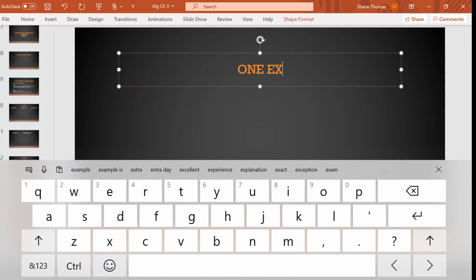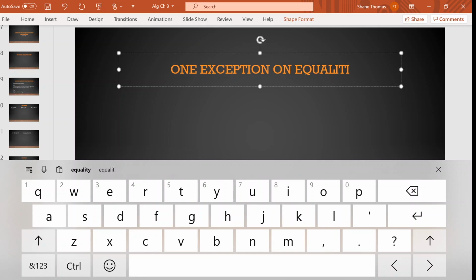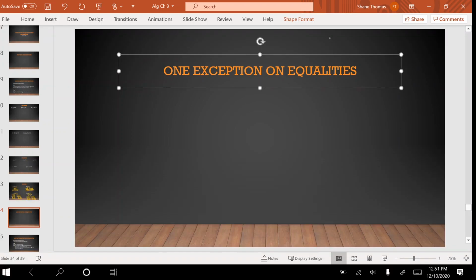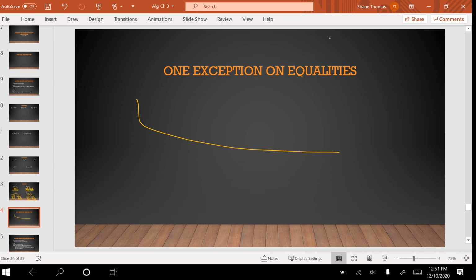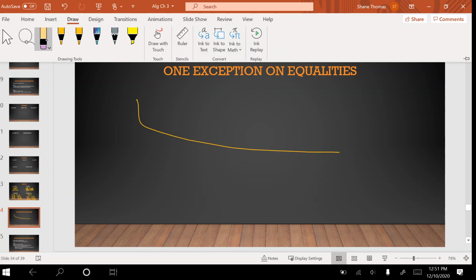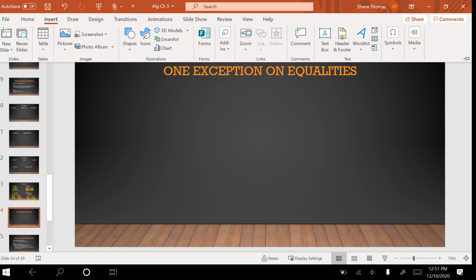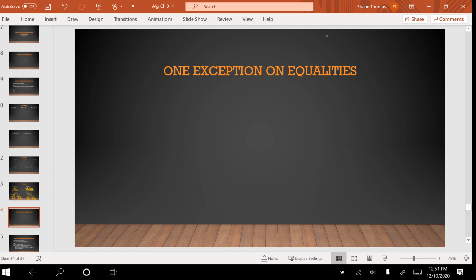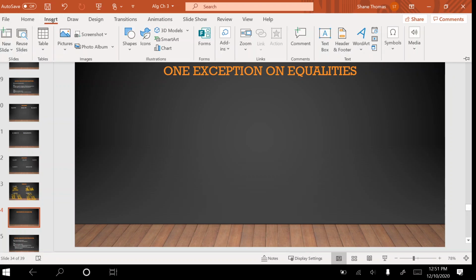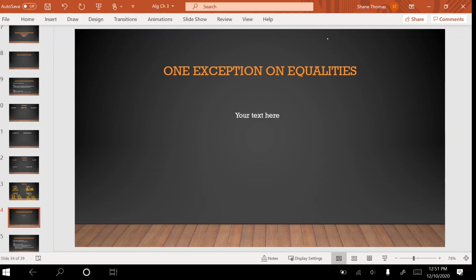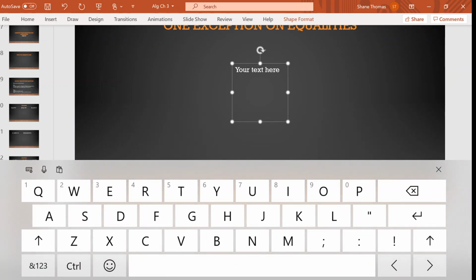So one exception on equalities. Here's my exception.